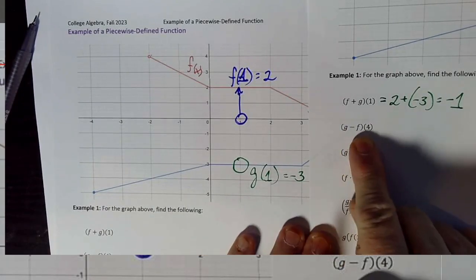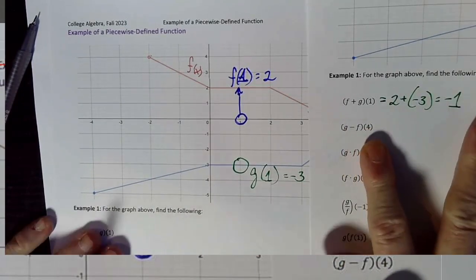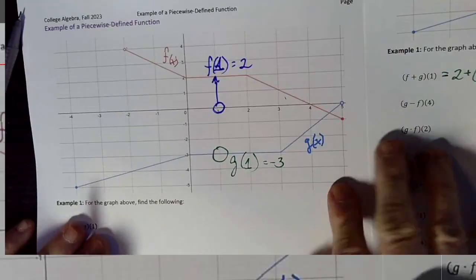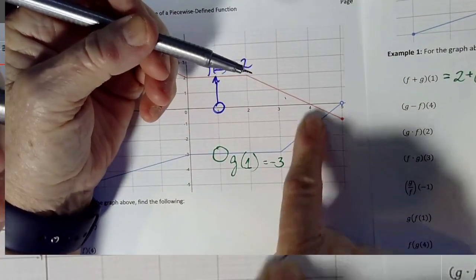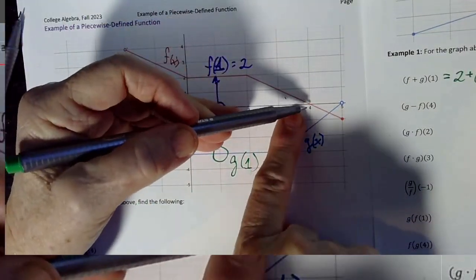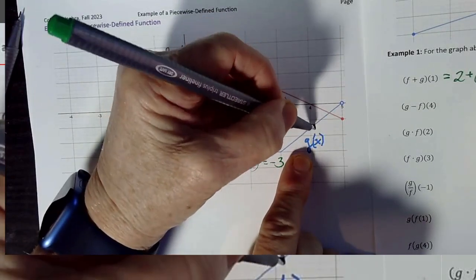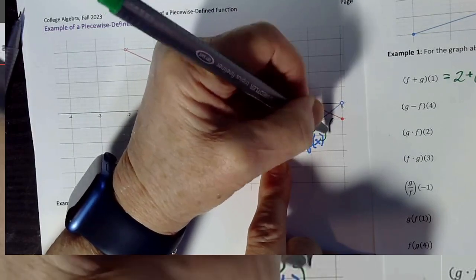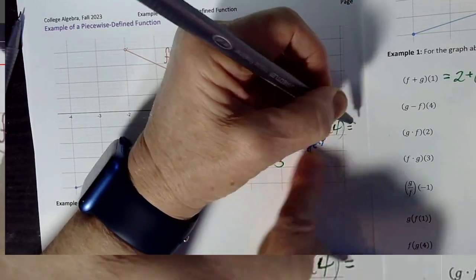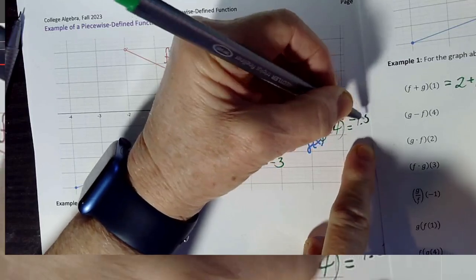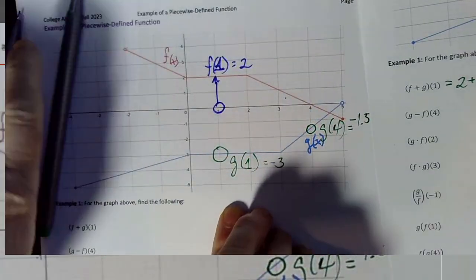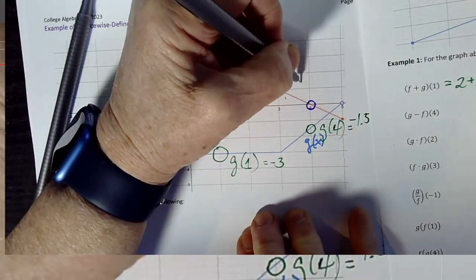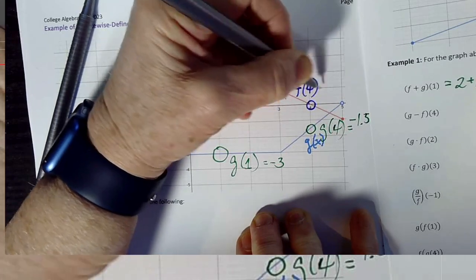For g minus f at 4, the first thing we want to do is find g at 4 and f at 4. Let's do g of x first. At 4, g of x, we said that was about -1.5. F of x, when x is equal to 4, is 0. So we've got f of 4 equals 0.